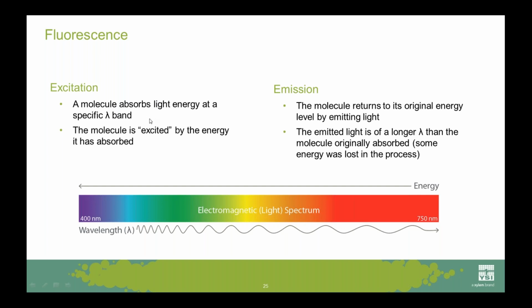Now, that energy can't be held. So the molecule has to return to its natural energy state, and it does that by releasing energy. There are three fates of that energy. Some of it is lost as heat. Some of it might be passed on to another fluorescent molecule, as we're going to see in a moment. And some of it is released as light of a longer wavelength, which means it has less energy. So that release of light is what you will hear me call emission.